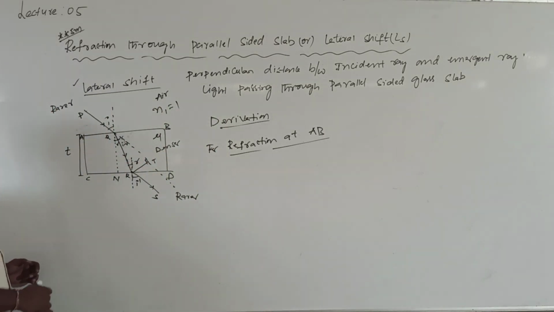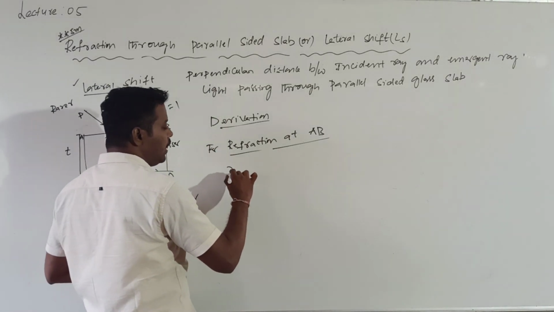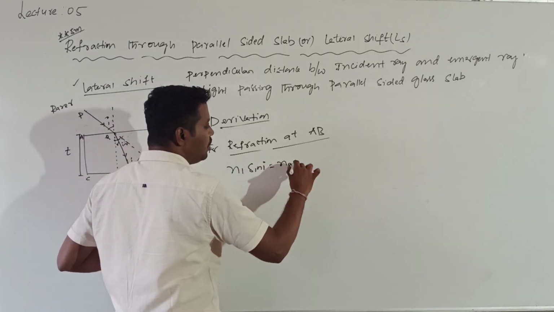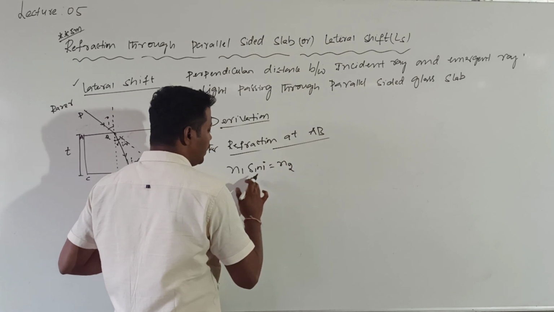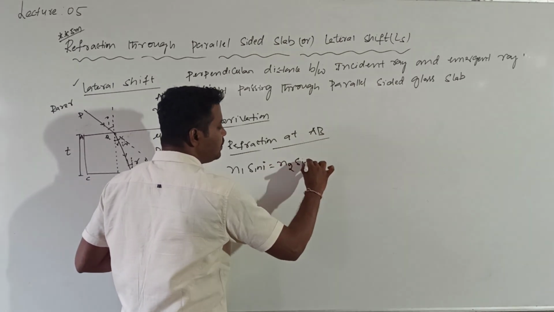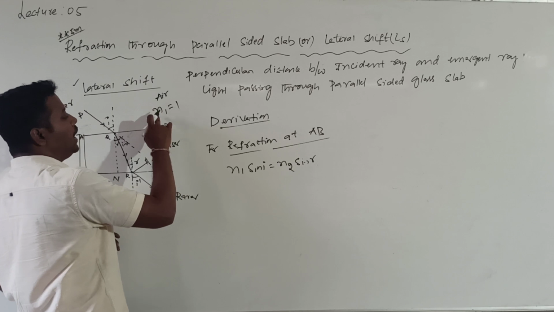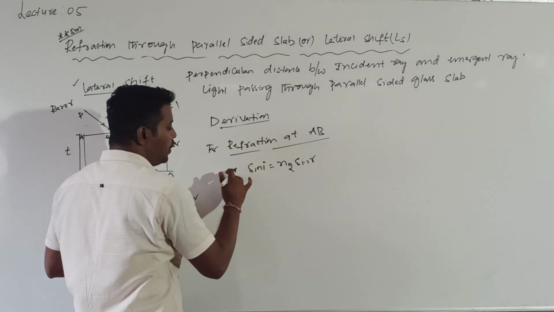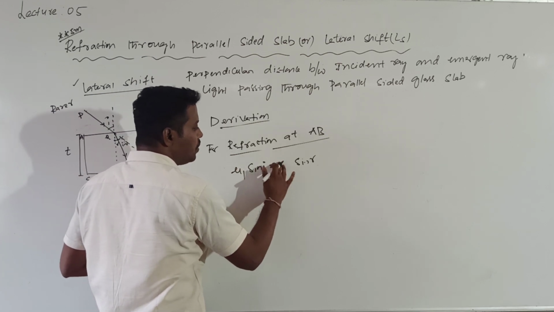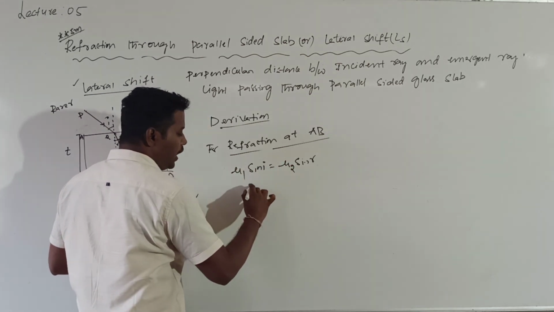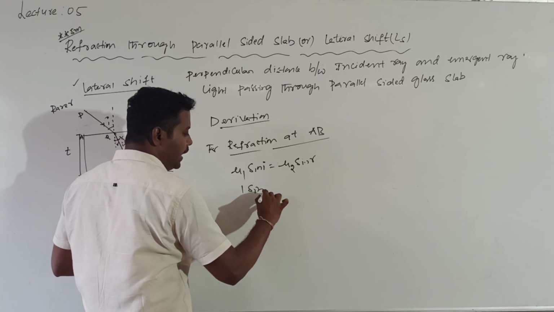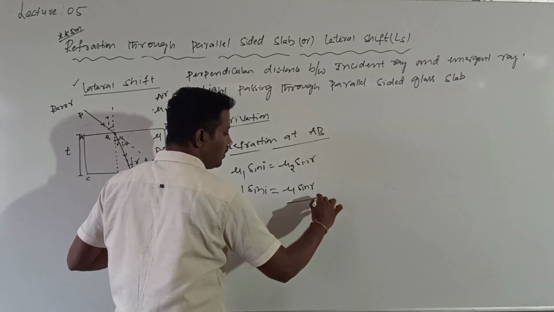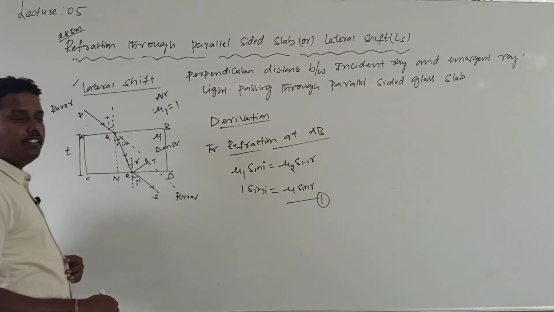What is Snell's law? mu1 sin I is equal to mu2 sin R. Here mu1 value is 1, and mu2 is mu. So 1 into sin I is equal to mu into sin R. Can I call this equation 1?